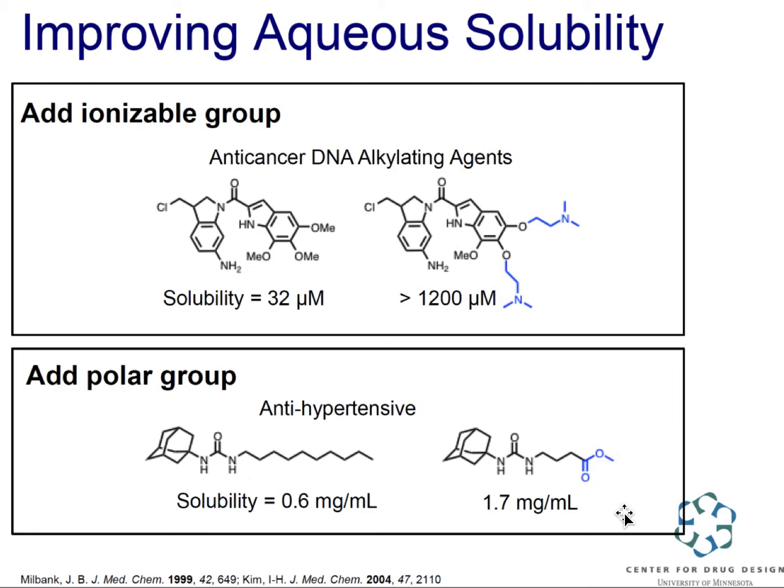We add the polar groups here, this ester, right, is also likely going to fall off, remember, and become a carboxylic acid. And that's upped the solubility 3 times. This is up the solubility a lot more than 3 times, right? That's upped it around 50 times.